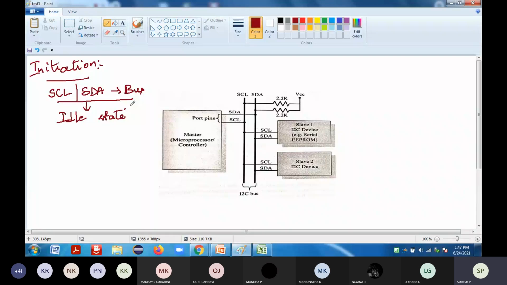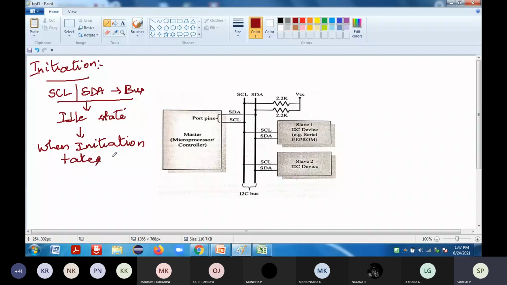When the bus is in idle state, whenever the master wants to communicate with the slave, the output transistor will be turned into a high impedance state. So when initiation has to occur, what has to be done?